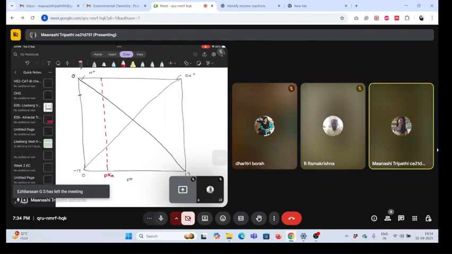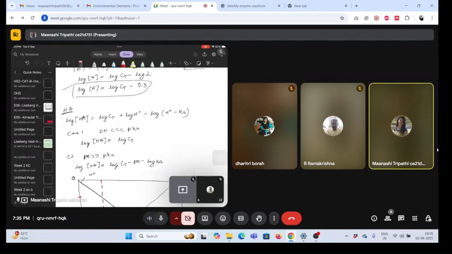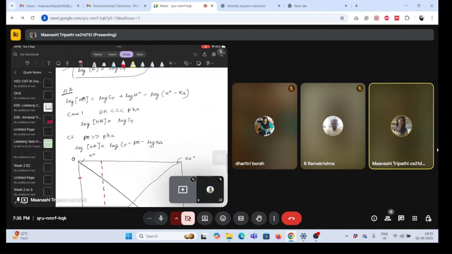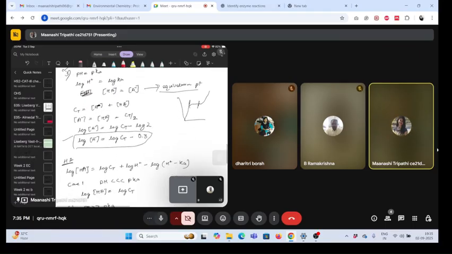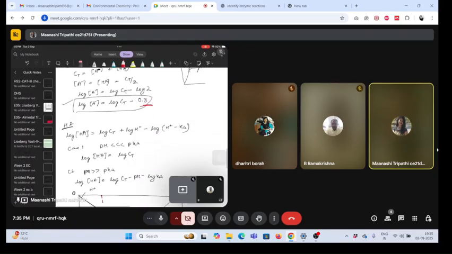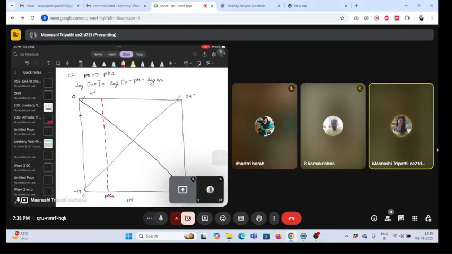Now, the other thing we have seen earlier, right? This concept, log CT minus 0.3. This is happening where pH is equal to pKa. So 0.3 points this side and 0.3 points the other side.